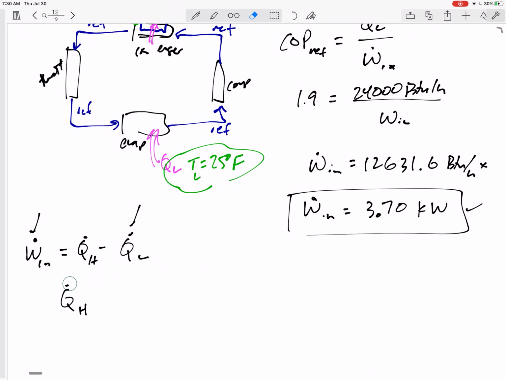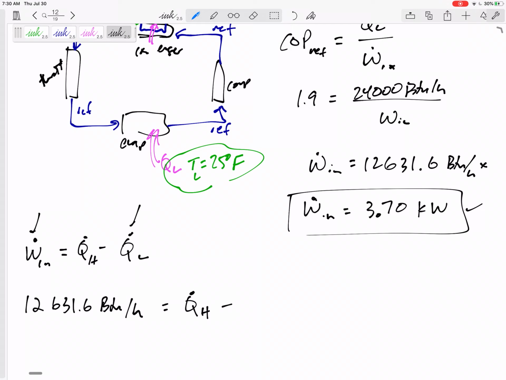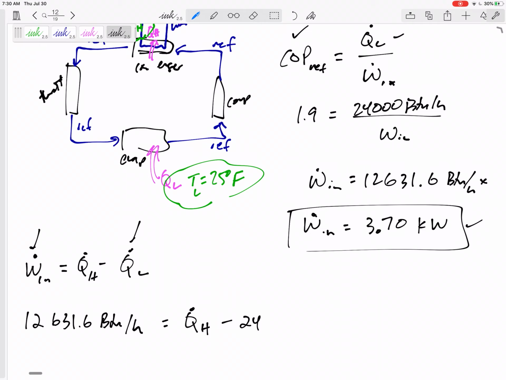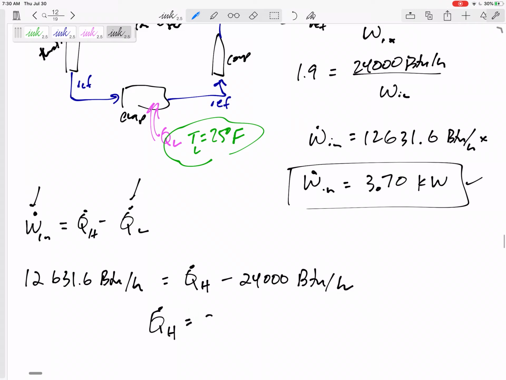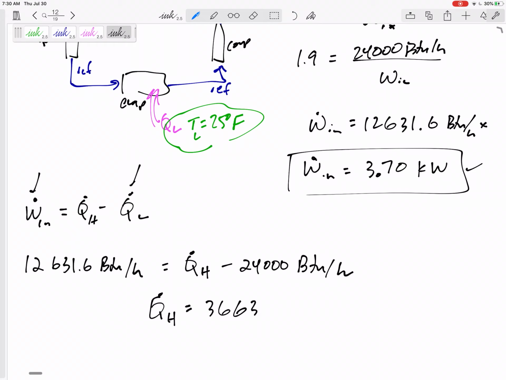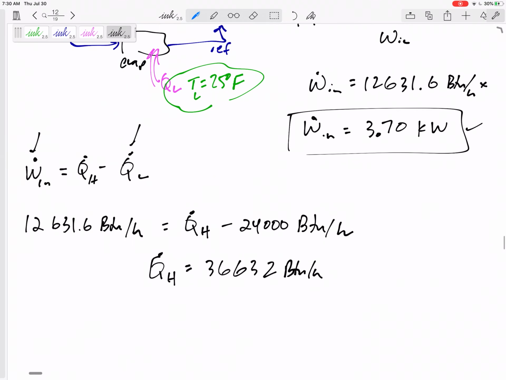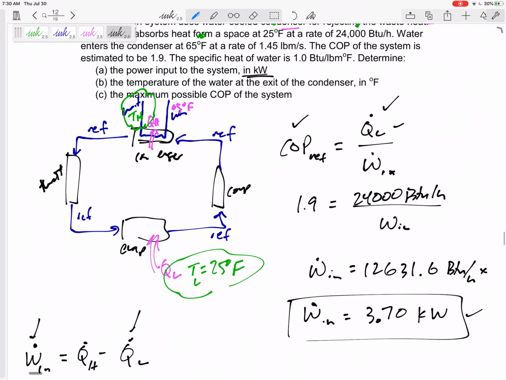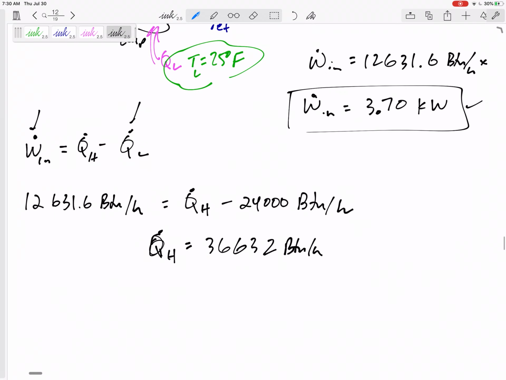Work is 12,631.6 BTU per hour, QL is 24,000 BTU per hour, so QH is 36,632 BTU per hour. That is the QH that goes out of the refrigerant and into the water.